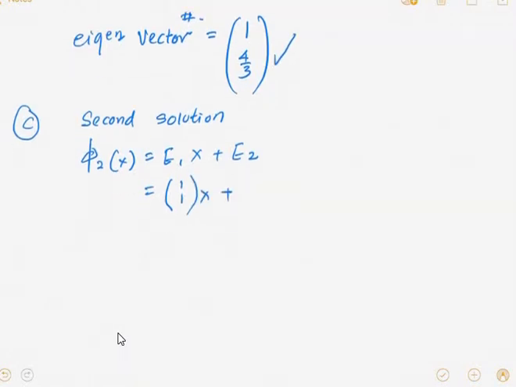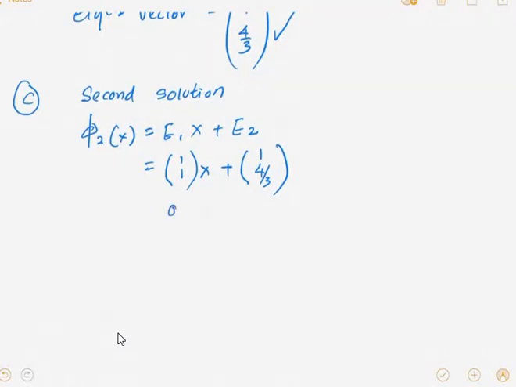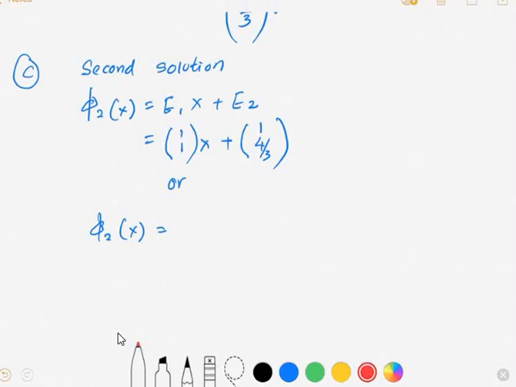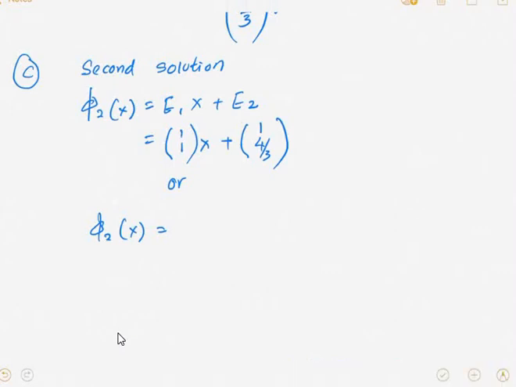Okay, e2 is 1, 4 over 3. Or you can write it in this way: vector 2 equal to x plus 1, and x plus 4 over 3.